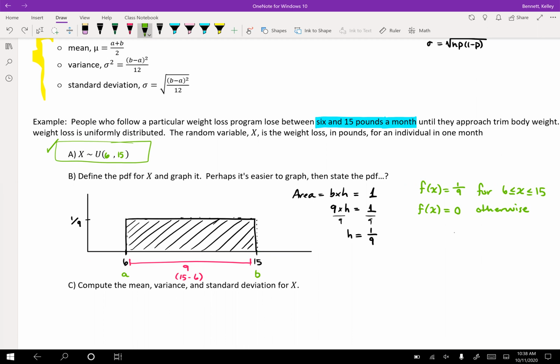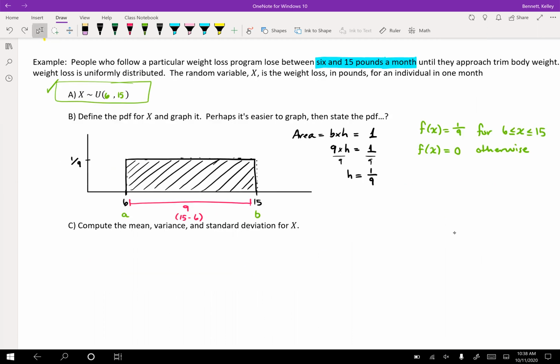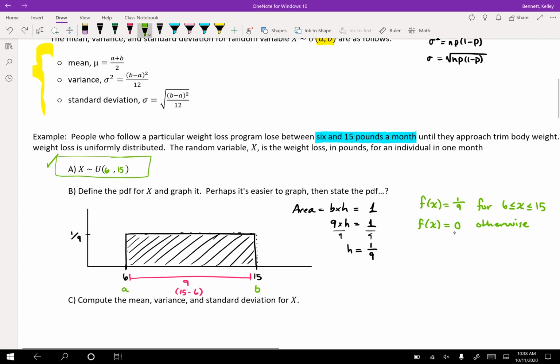So next I want to compute the mean, the variance, and the standard deviation. Let's recall that mean, variance, and standard deviation are all given at the top of the screen. So the mean is the halfway point. It's a plus b over 2, or the midpoint. My variance, sigma squared, is b minus a squared over 12.